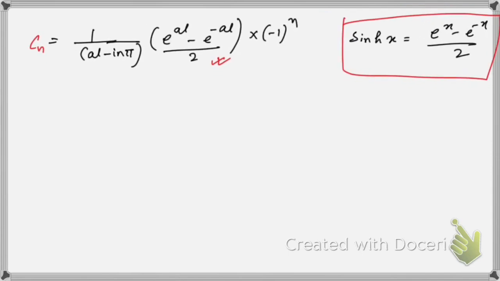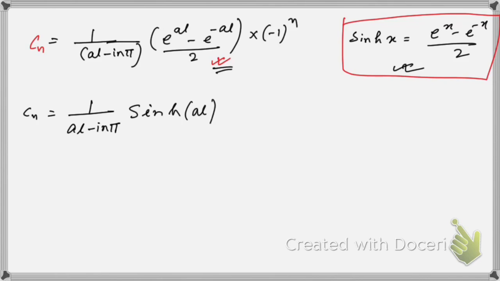If we apply this formula, we have Cn equal to 1 by AL minus i n pi, sine hyperbolic AL, since instead of x we have AL, then minus 1 to the power n. That is the value of Cn.